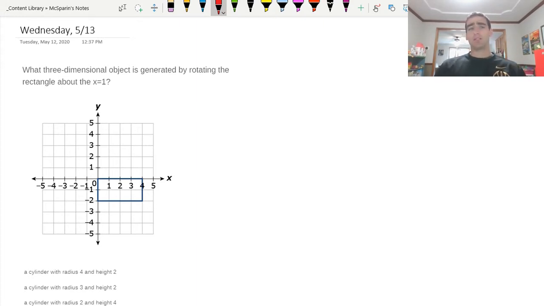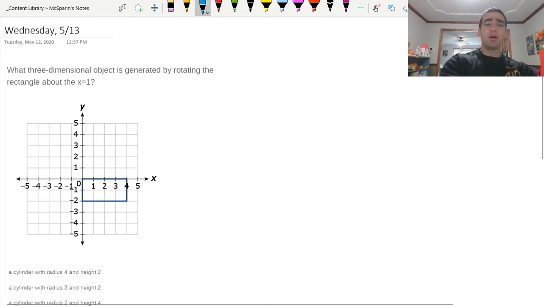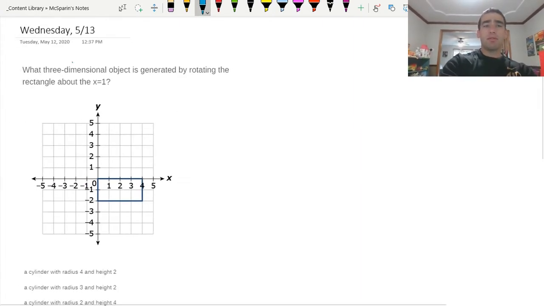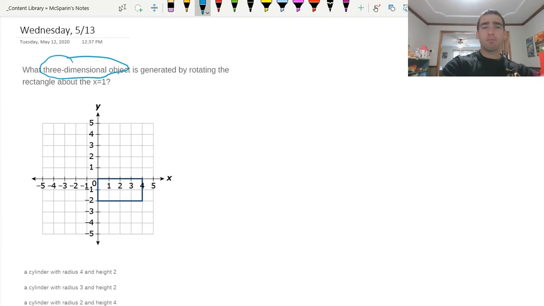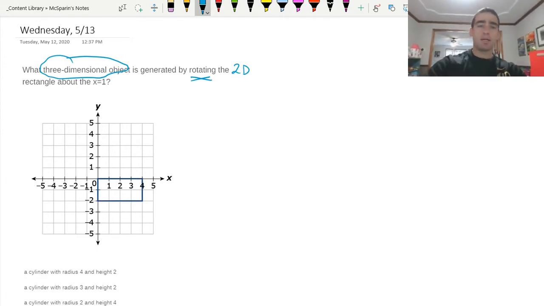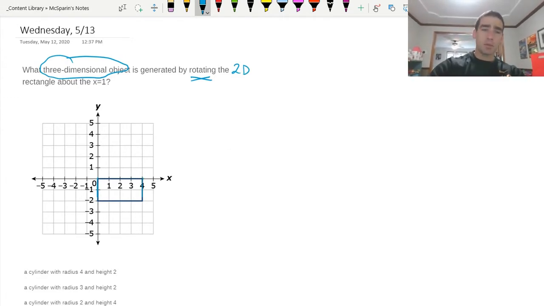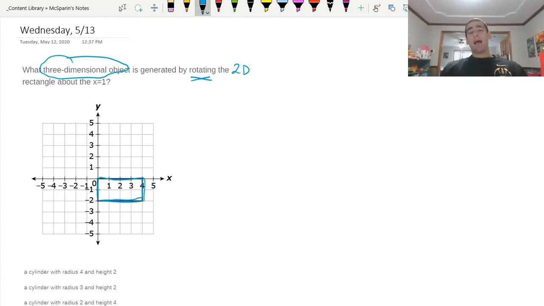These questions are going to ask you to create a three-dimensional object by rotating a two-dimensional object. In this case, the two-dimensional object is going to be this rectangle. It's like the last objective where we started with 3D and then sliced it into 2D. This is starting with 2D, but now we're going to rotate it to make it into 3D.